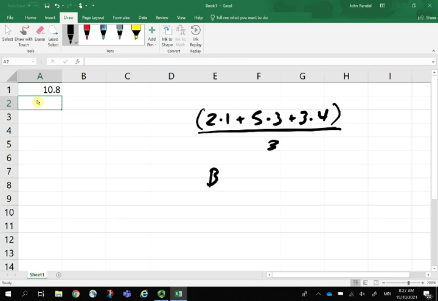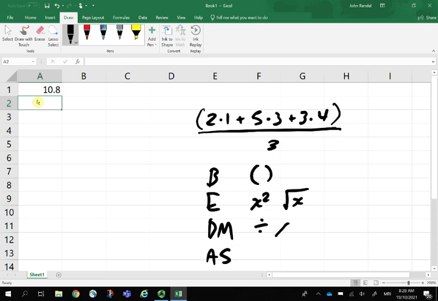And remember, order of operation is governed by BEDMAS. B says we evaluate any brackets first. Exponents, things like squares and square roots. The D and the M, essentially the same operation, division or multiplication, and AS, addition or subtraction. So BEDMAS governs the order we do things in.